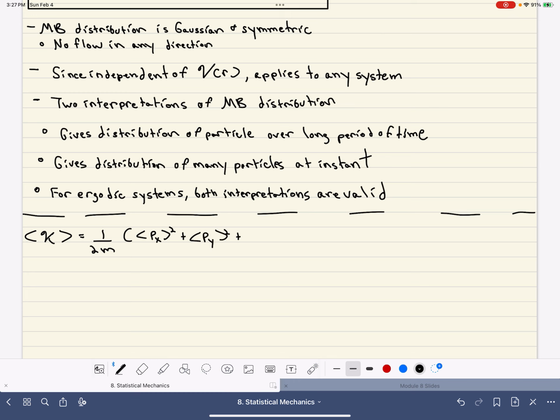This is accounting for all directions, and we could simplify it down to this form, since each of the directions is independent of one another. So it would end up just looking like this, and this average momentum term would be described by the first moment.